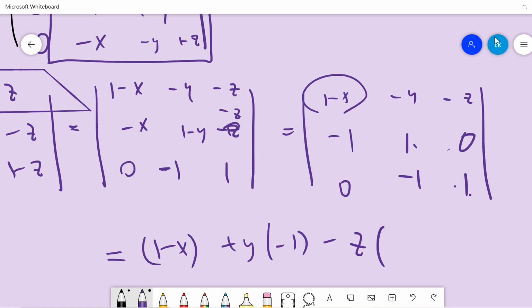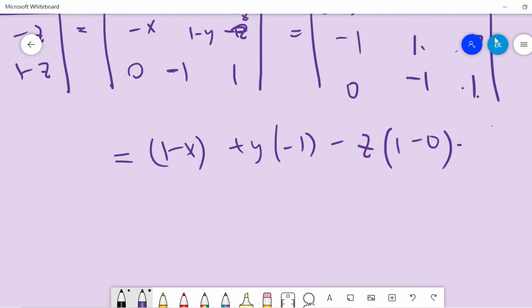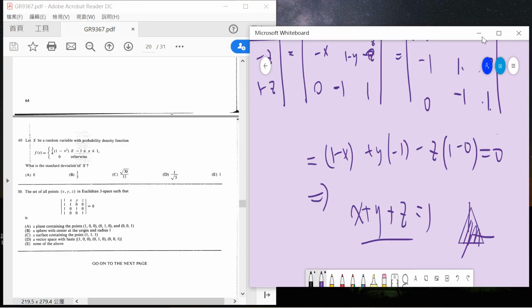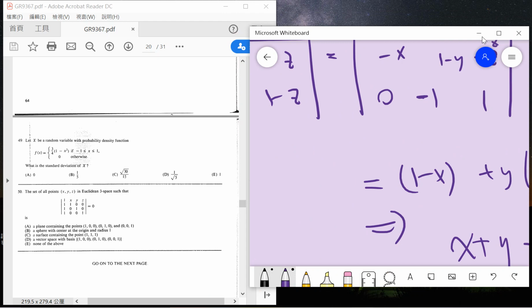So minus z is 1, right? So minus 1, 0 equals 0. So the answer is x plus y plus z equals 1. This is a plane. So the answer is a plane that contains the points. Definitely not B, definitely not C, definitely not D, and E is not correct. So the answer is A.